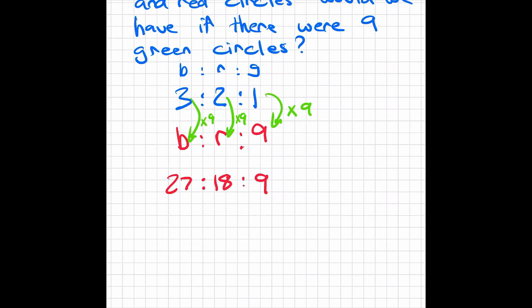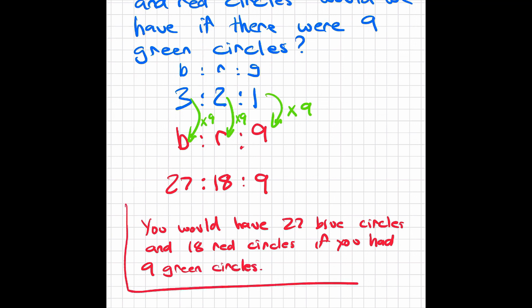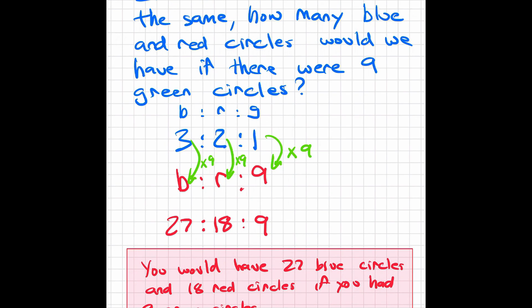And the answer is you would have 27 blue circles and 18 red circles if you had 9 green circles. Okay, so that is the perfect response to this question right there.